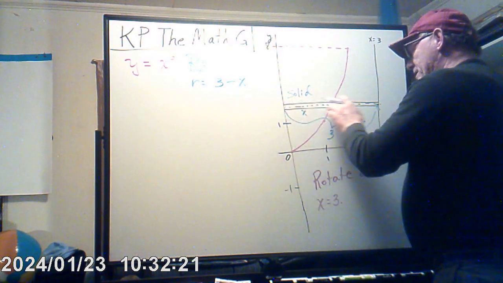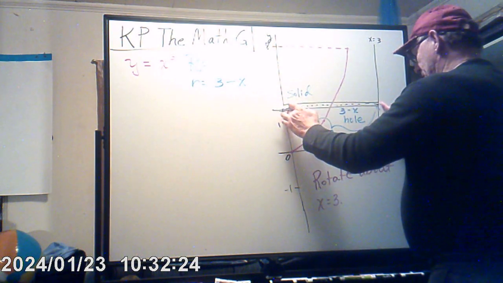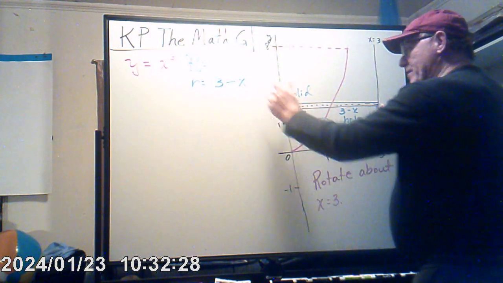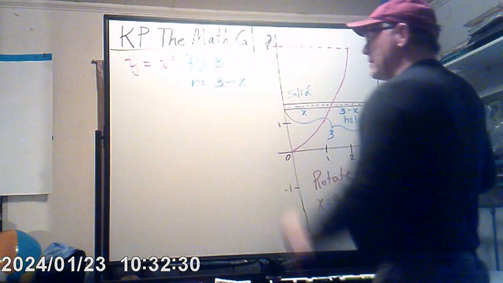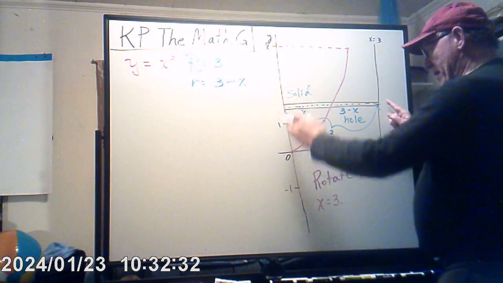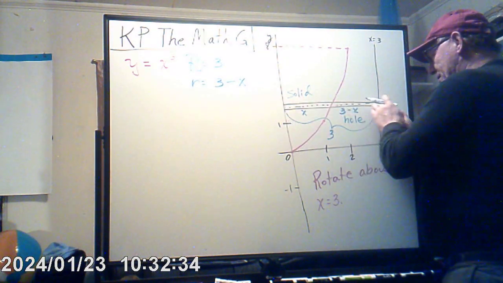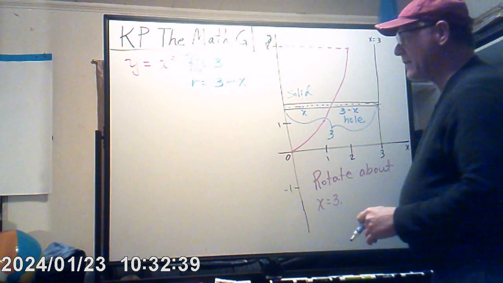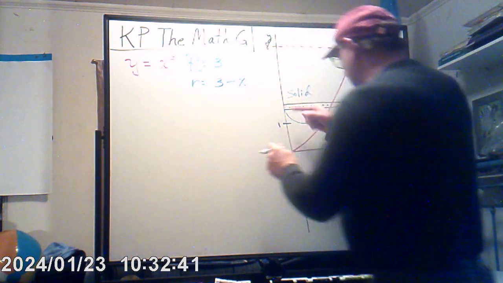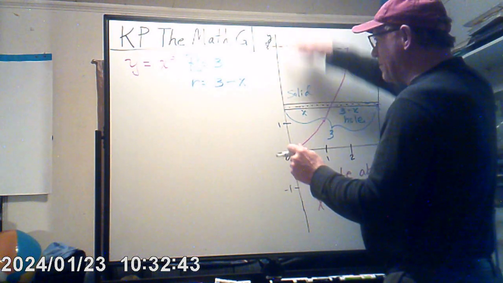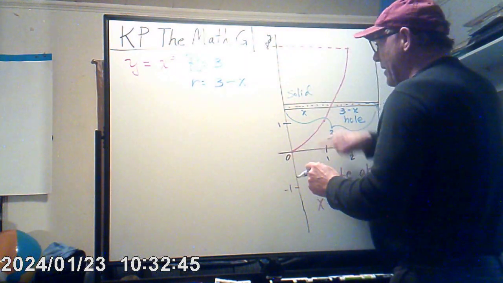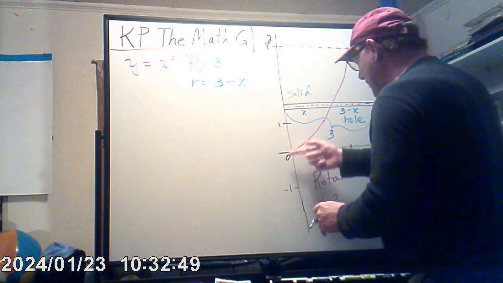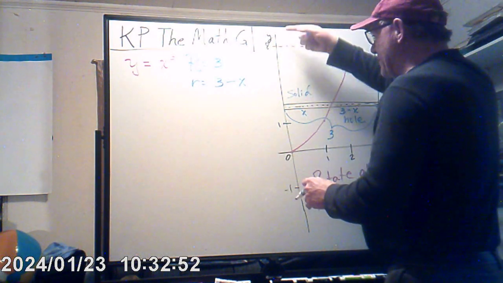Now, the big radius is how much? Well, that's from 0 to 3, that's 3. The big radius is the solid part plus the hole, so that is 3. Now, the deal is, this is perpendicular to the y-axis, which means that we must solve for x, because the integral is perpendicular to the y-axis.